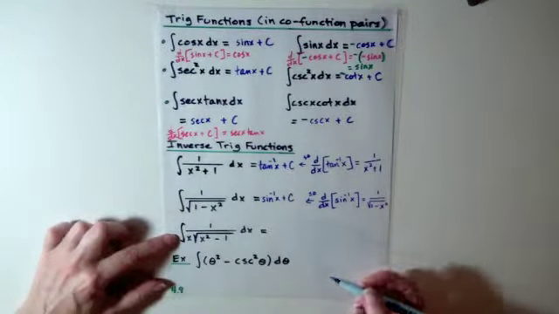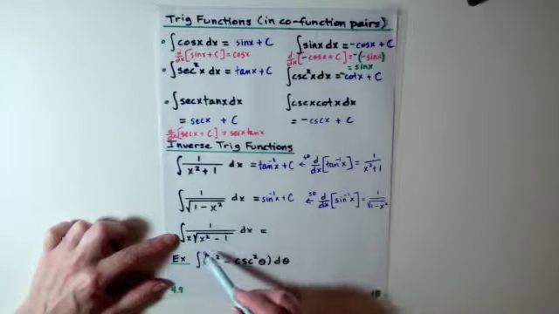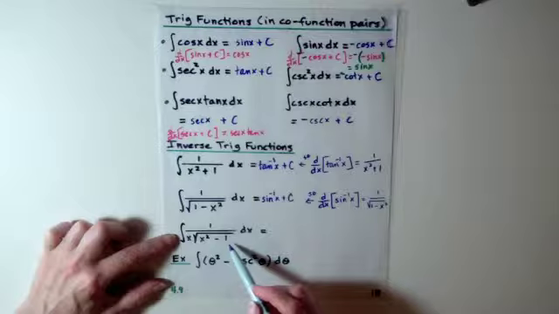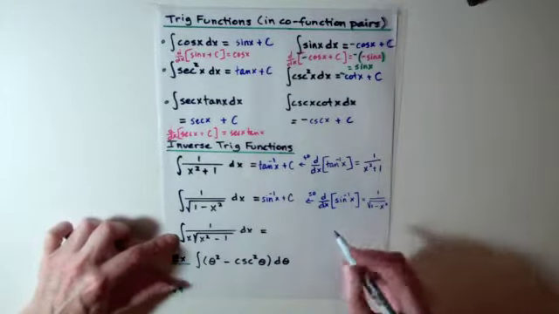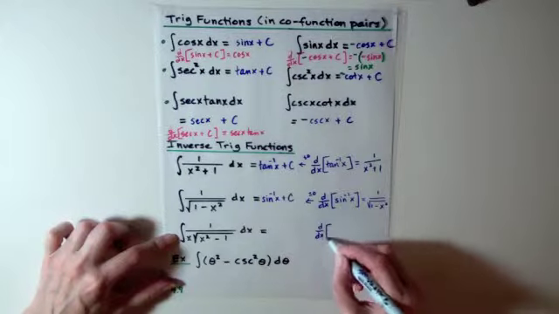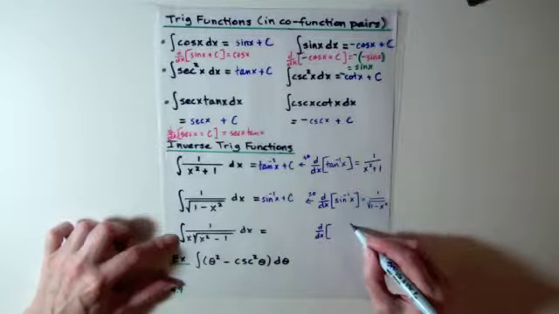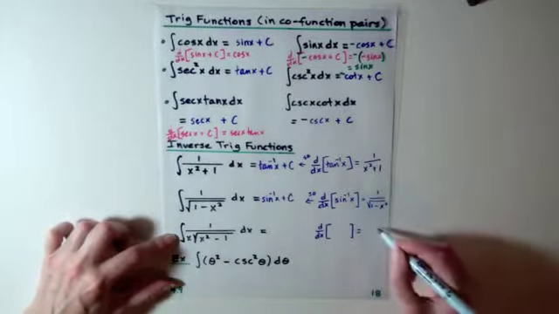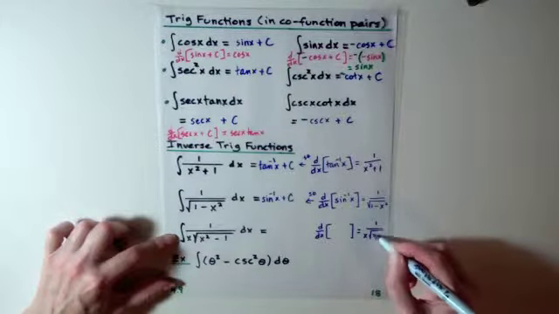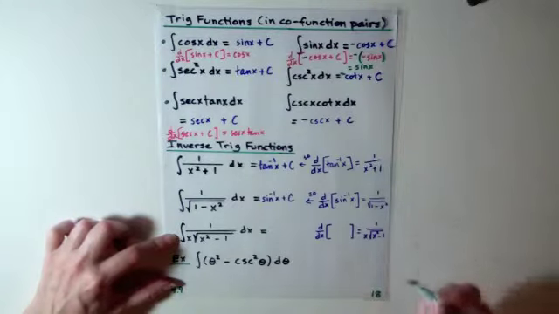Okay, how about this last one? This again is a really weird looking function, 1 over x root x squared minus 1. We're supposed to integrate that, but again, remember that that particular function is associated with the derivative of an inverse trig function. So you have to remember those formulas.